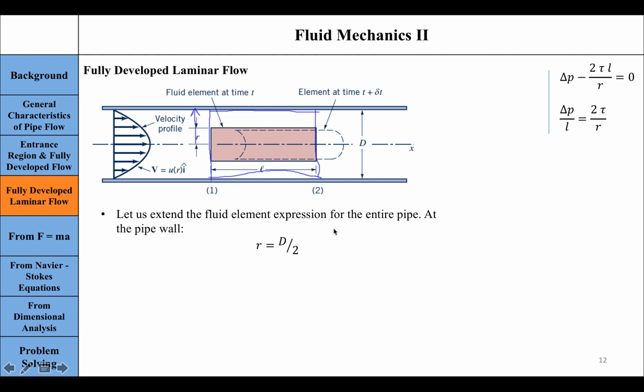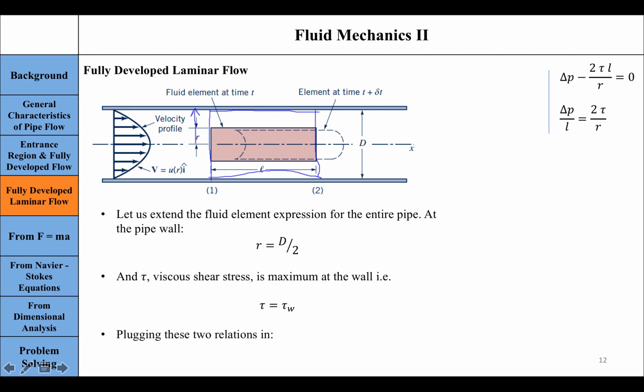And tau, our shear stress, is maximum at the wall, like I said. That is called wall shear stress, represented by tau W. And like I said, tau increases linearly as the radius increases. So tau is a function of the radius of the pipe, and tau is maximum at the pipe wall.